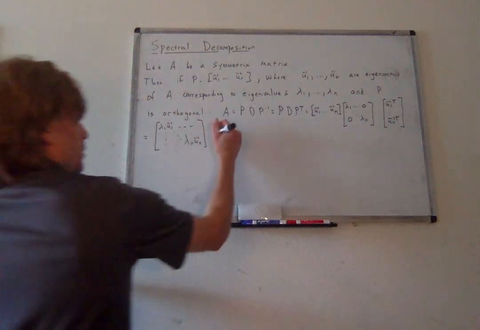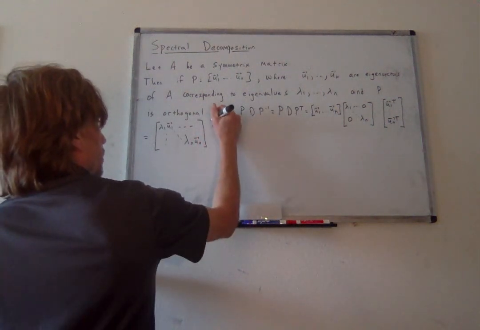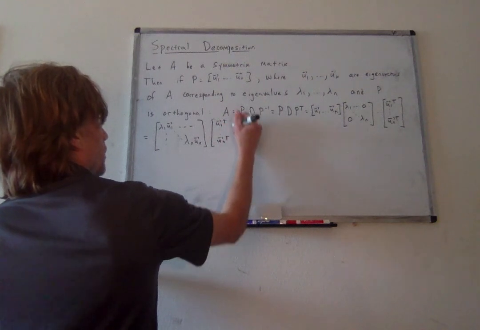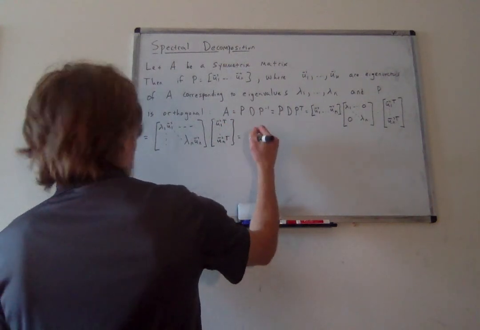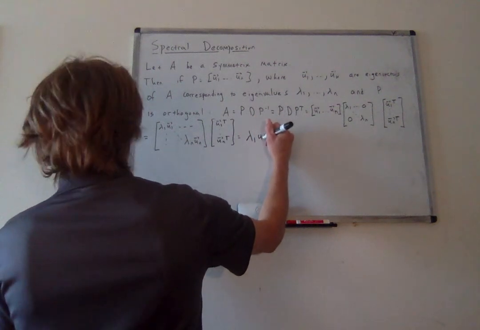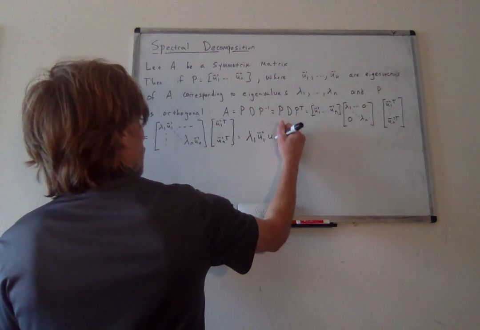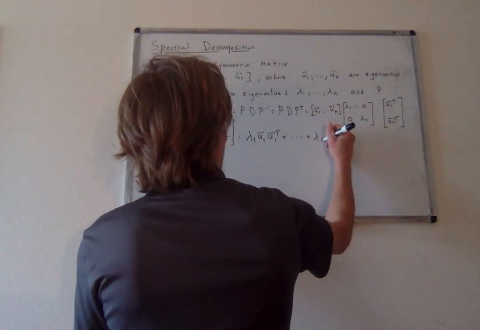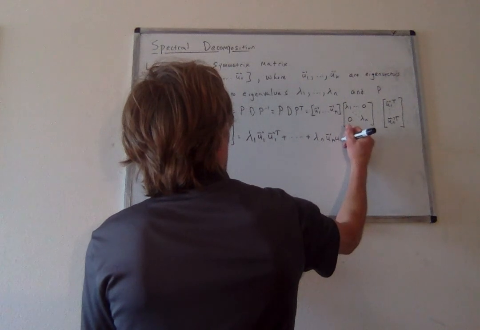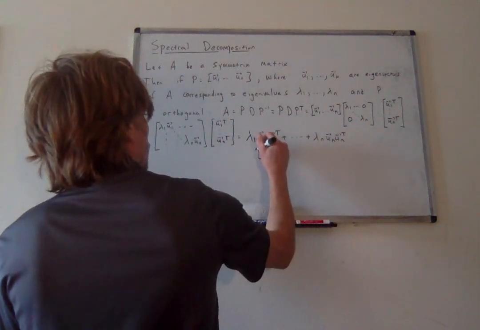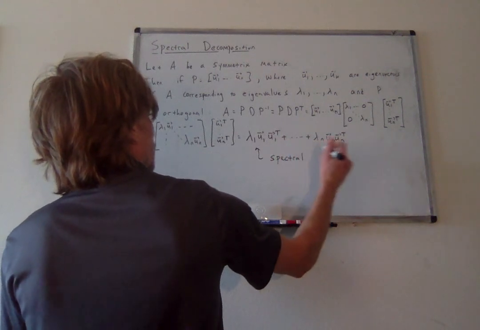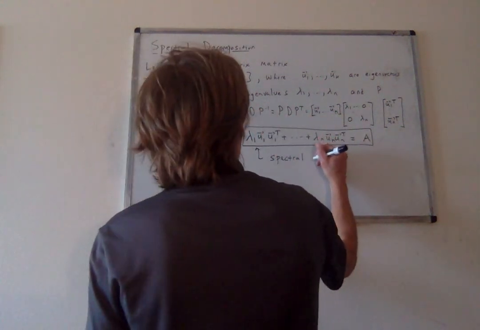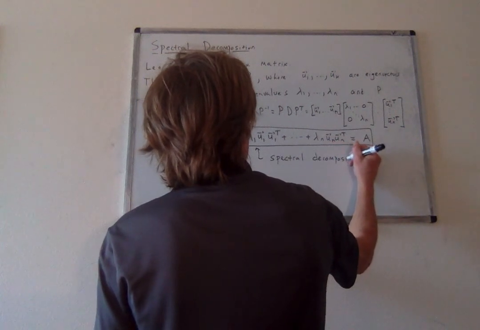And then multiplying this matrix times P transpose, we actually get that A is equal to this weird sum of what looks like it should be a vector but is actually a matrix, which is called a spectral decomposition. And so this is equal to A.